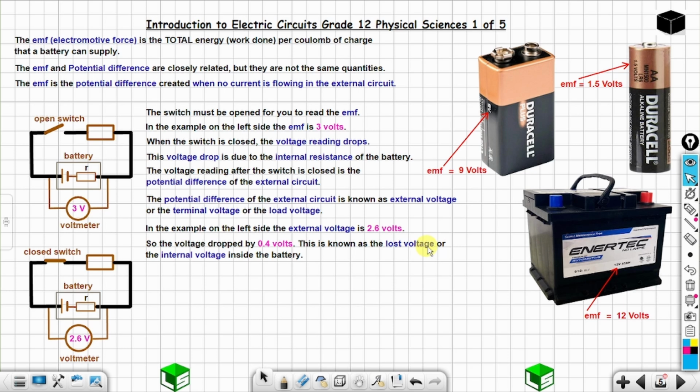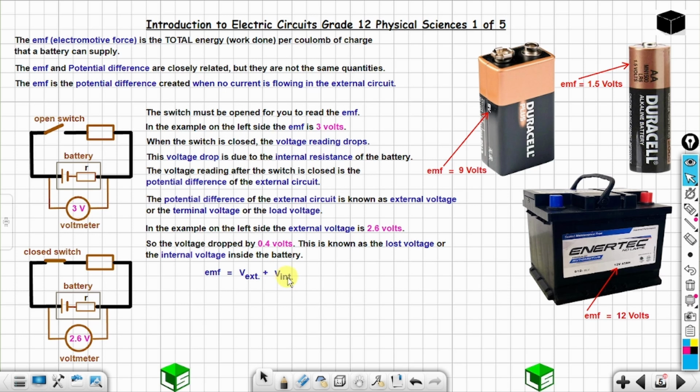The lost voltage or internal voltage is due to the internal resistance of the battery. So the formula for the EMF is equal to the external voltage plus the lost voltage or internal voltage.